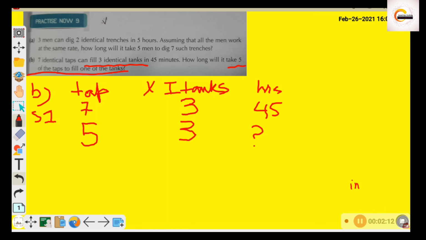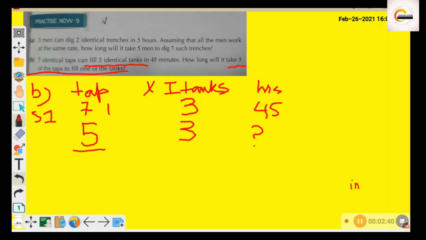Alright, let's see the relationship again. 7 identical taps can fill the tank in more time or less time comparatively with the 5 taps? So of course these more taps will take lesser time to fill the tank, right?